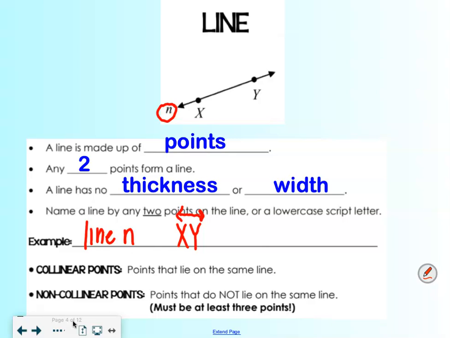Can you see that? Or you could go the other way, YX. The order doesn't matter. Either way, it's the same line. That's how you name a line. Either the little script letter or 2 points on the line.